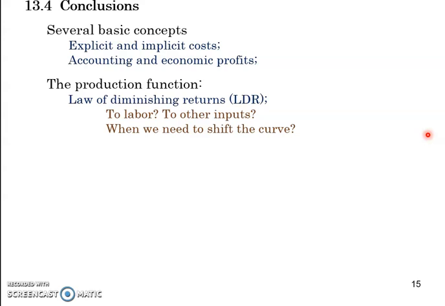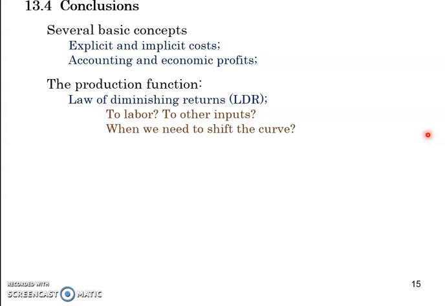And when we need to shift the curve, this is what we find when we discuss Malthus in his study on the relationship between the food supply and the population growth. We demonstrated that if the fixed inputs can be changed, in other words, the fixed inputs are not fixed anymore, then we have to shift the curves.